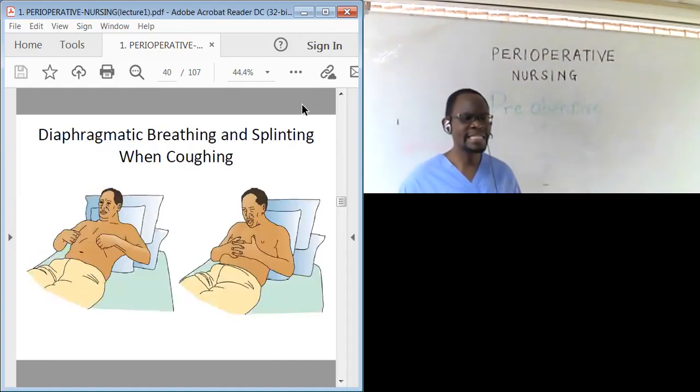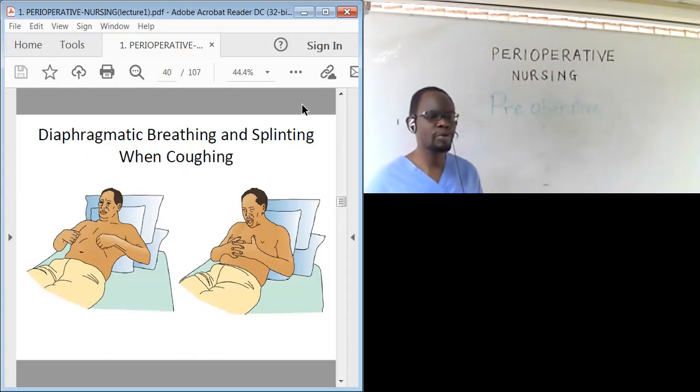Now, these are some of the examples of the diaphragmatic breathing and splinting when coughing. So you need, as a nurse, to teach this to the patients, especially those patients who are going to undergo operation on the abdomen.